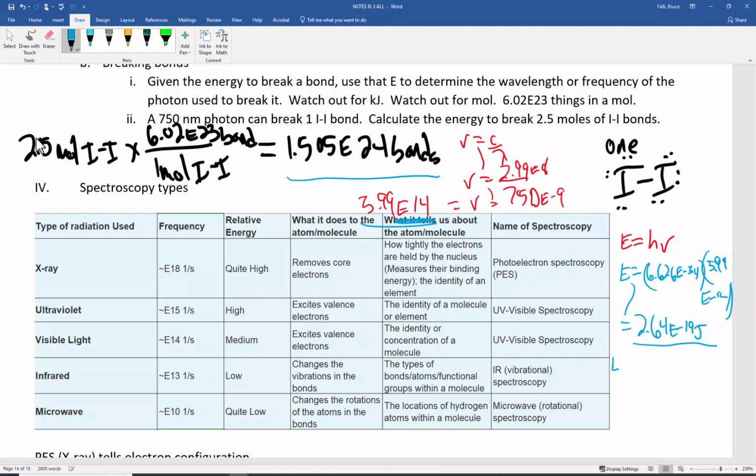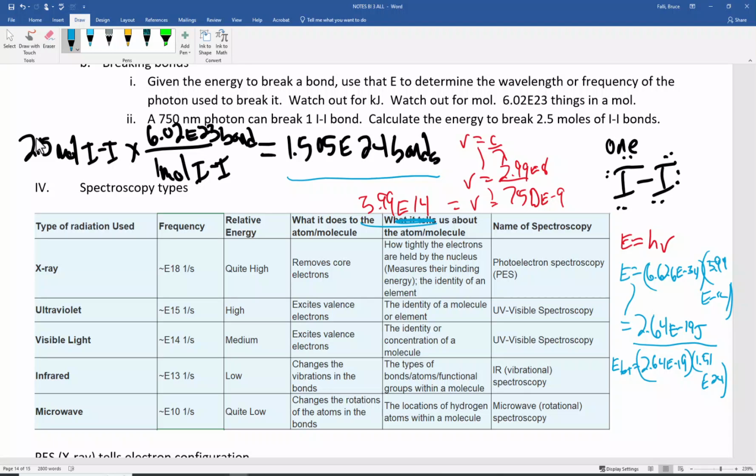Okay, so E total is 2.64 E-19 times 1.51 E24.